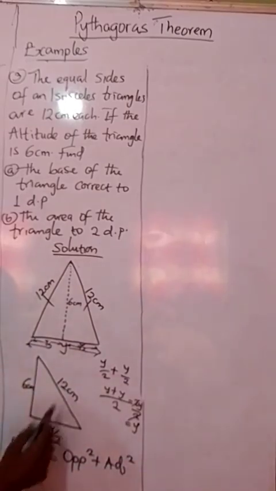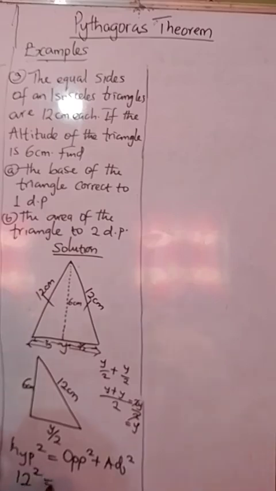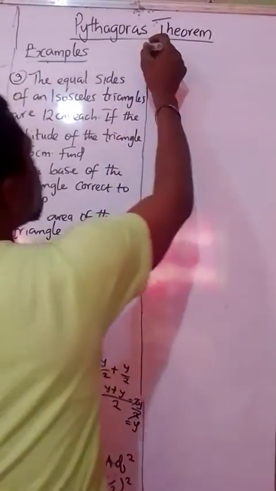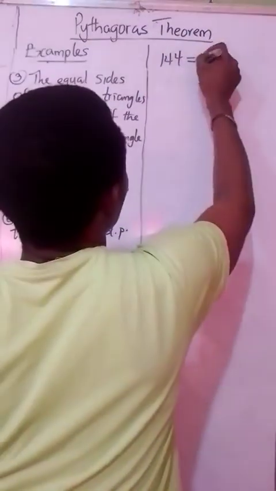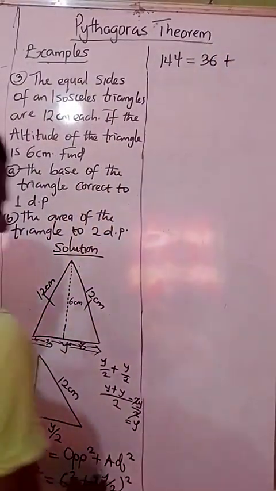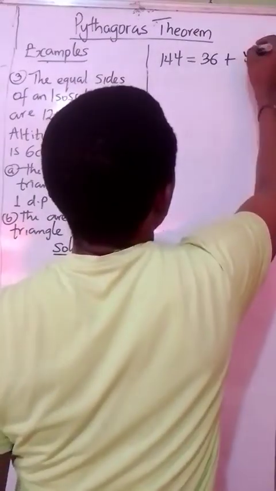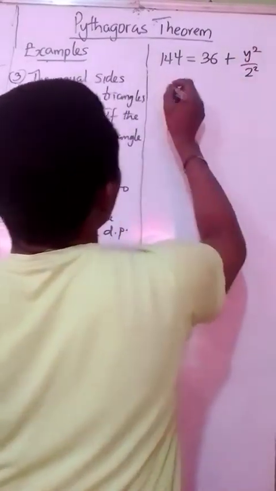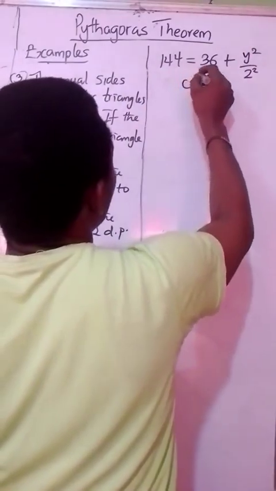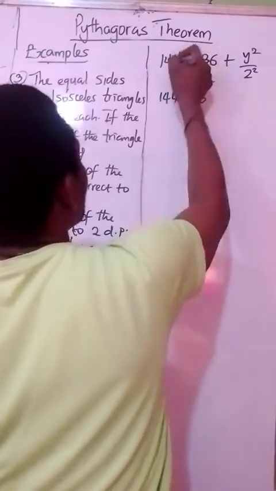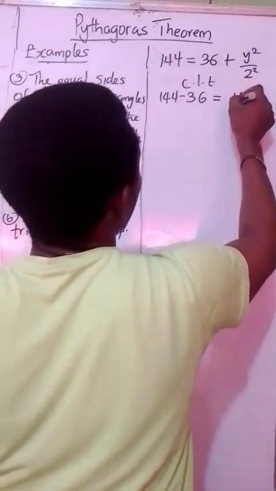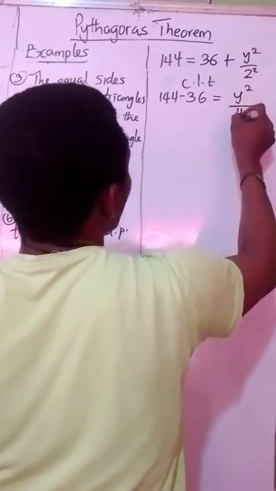So that will be hypotenuse is 12 square equals 6 square plus y over 2 square. 12 square is 144. So 144 equals 36 plus y over 2 square. That's y square over 2 square. So you collect like terms: 144 minus 36 equals y square over 2 raised to power 2, which is 4.